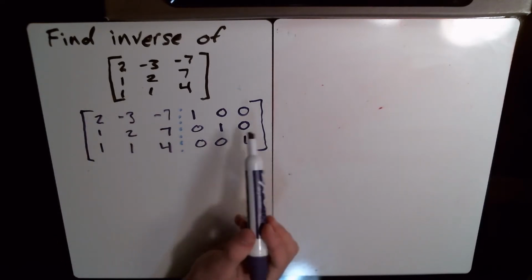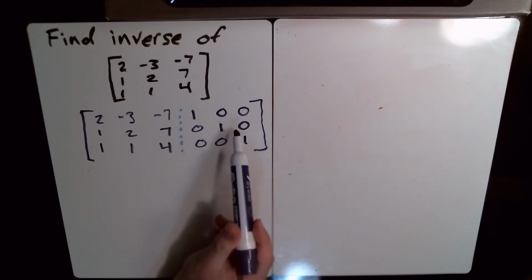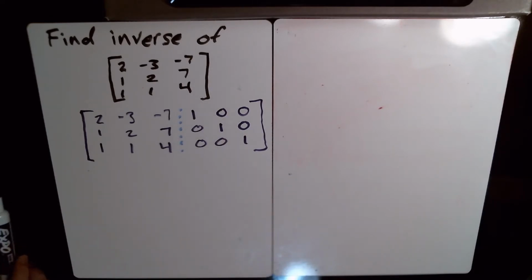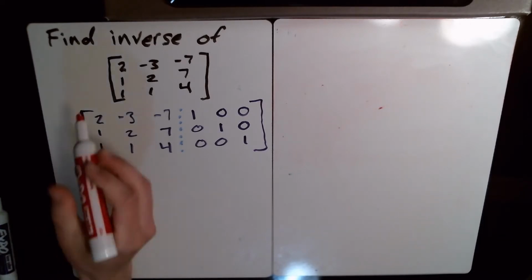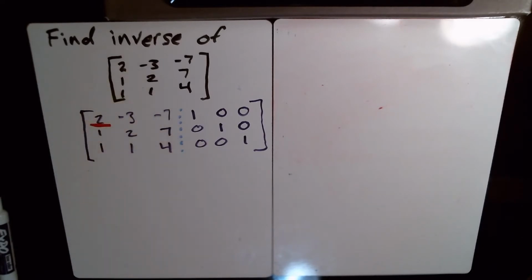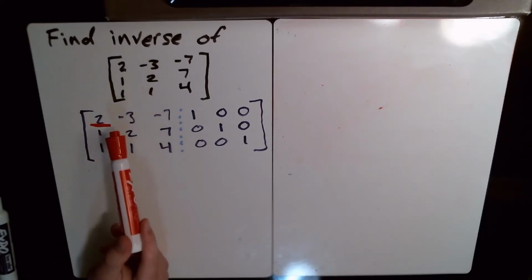Then whatever is left over here is the inverse, okay? So first of all, when doing our row operations, we want this place right here to have a 1, right?